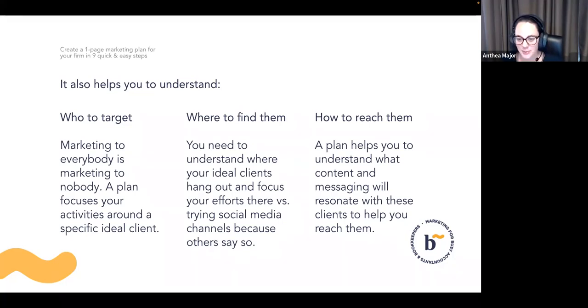I'm just pulling some examples out there, but random acts of marketing versus very intentional acts of marketing is what we're trying to get you to do. And obviously how to reach them is important for obvious reasons as well, but a plan will help you work out the content and the messaging that's going to resonate with those ideal clients and help you appeal to them.